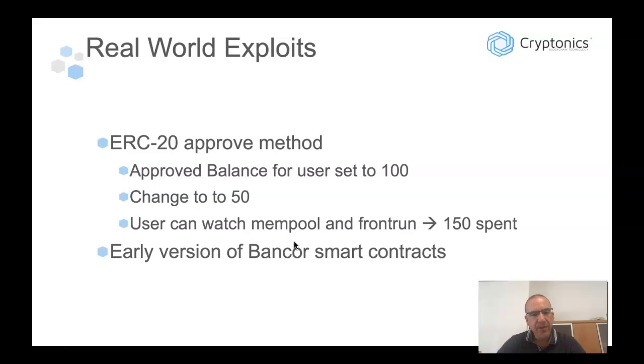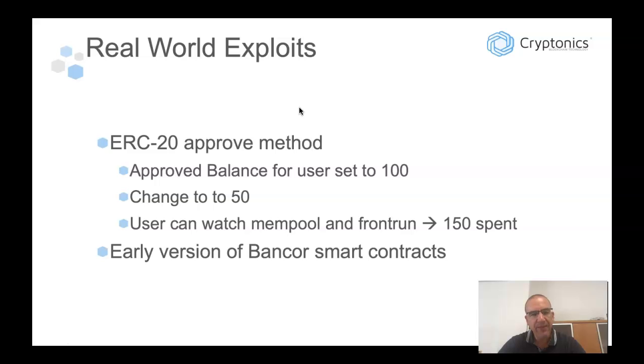So if user B actually watches the mempool and sees this, it can quickly overtake this change to 50 transaction, spend 100 using the transferFrom function, and then spend another 50 once this transaction has gone through. So instead of spending a maximum of 100 that was approved at one stage and then changed to 50, user B has actually managed to get a hold of 150 ETH in this case.